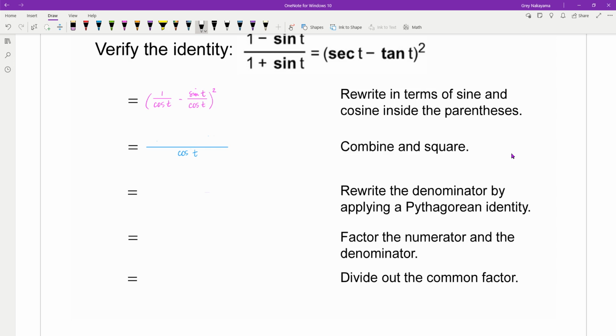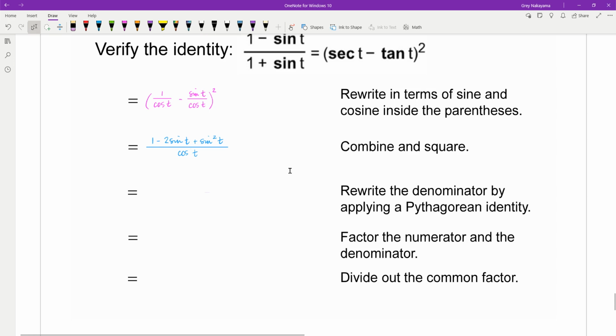And when I square out 1 minus sine t, I square the first term, I get 1. Multiply them together times 2: 1 times the sine is sine times 2. So minus 2 sine t. And then I square the last one.